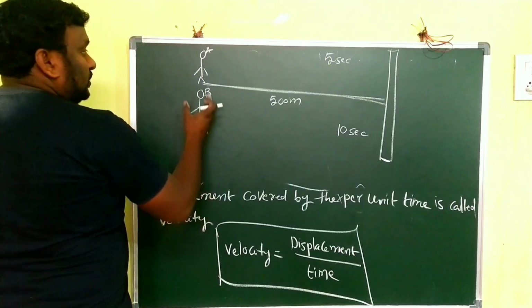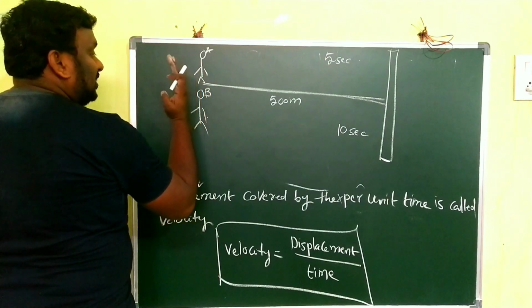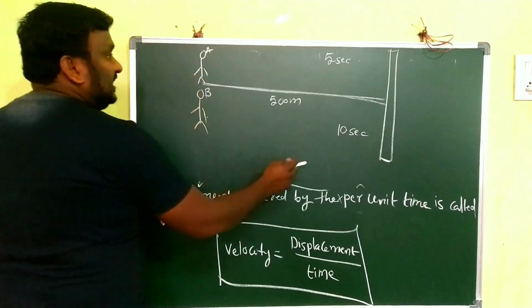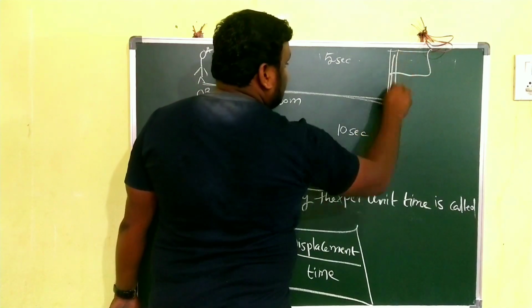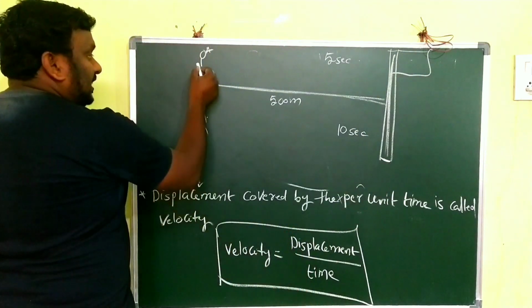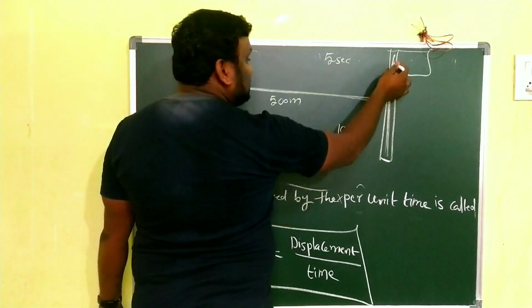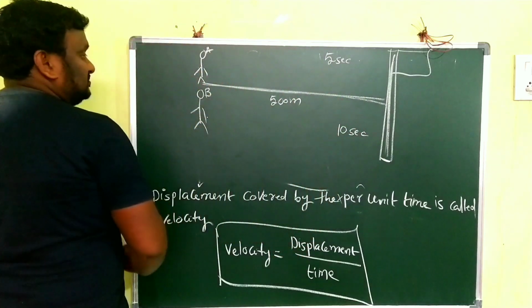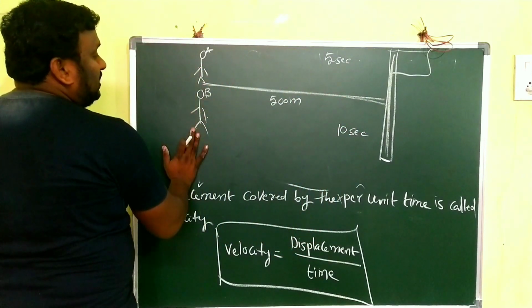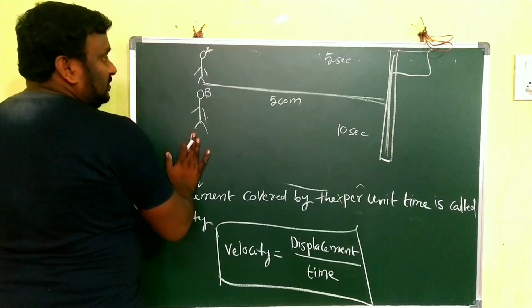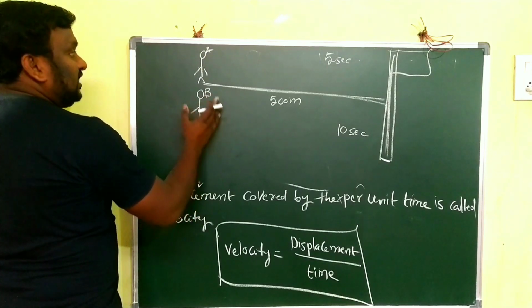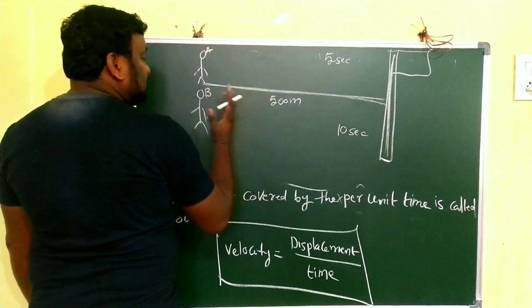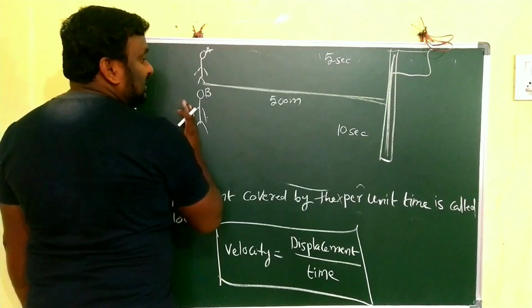Clear children? For example, we are going to conduct one running competition between the two boys A and B, and there is a flag on a pole. Whoever reaches and touches that pole first is the winner. That is the competition. Boy A and boy B both start at the same time, but within 5 seconds boy A reaches the target, and after 10 seconds boy B reaches the target.